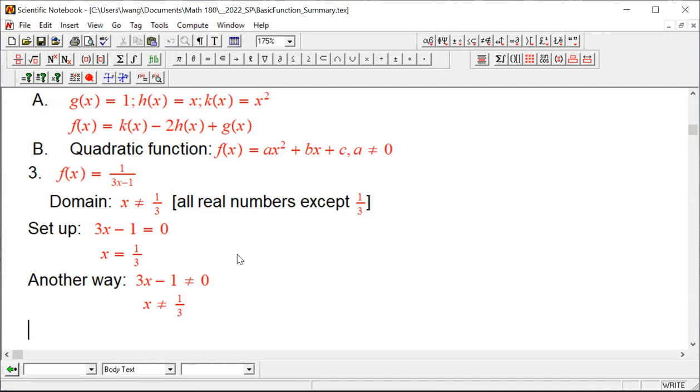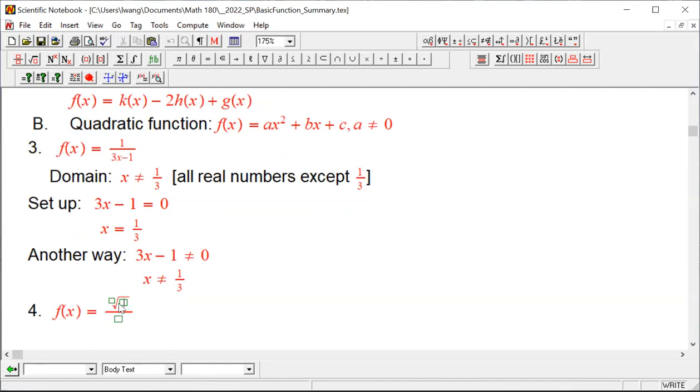Okay, so let's look at number 4. We have a situation where f of x equals the cubic root of x and x squared plus 1.